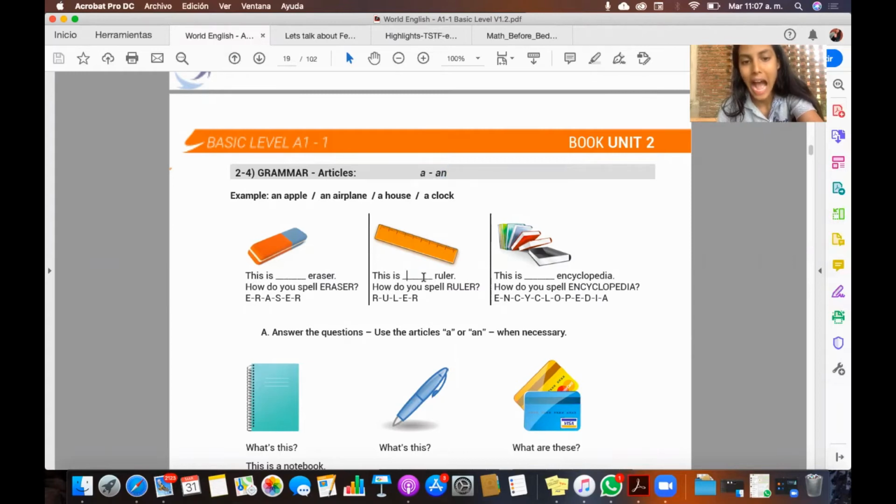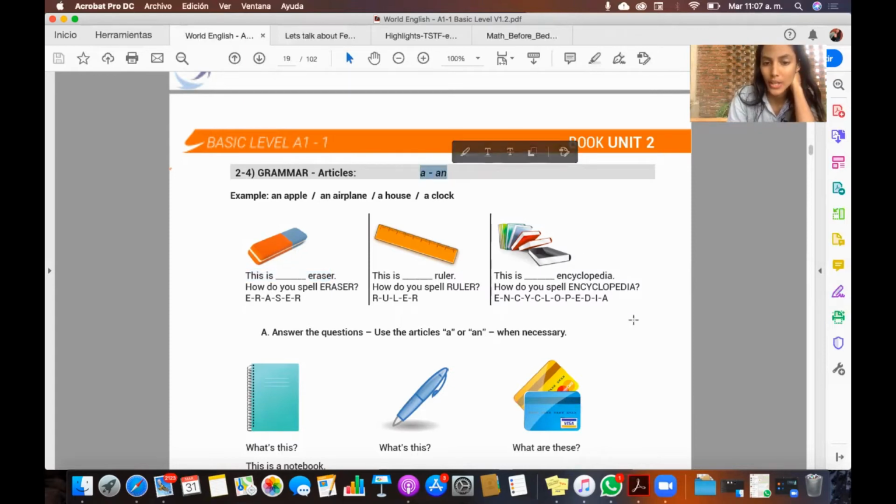This is a ruler. So this is what? An encyclopedia. So that's the rule. Cuando se tiene una vocal, se utiliza an como artículo, que significa un o una, ¿ok? Esto es un borrador, esto es una regla, esto es una enciclopedia.